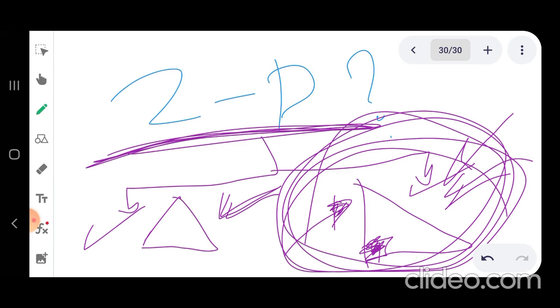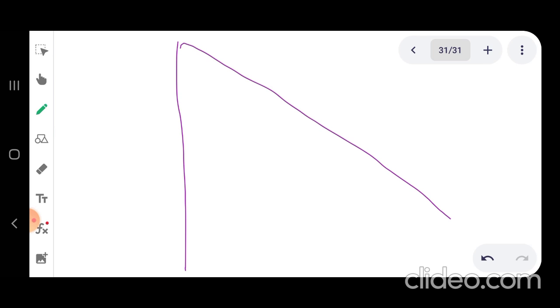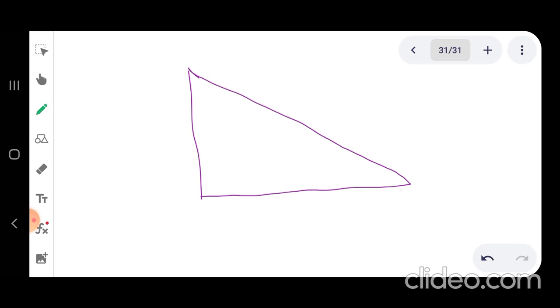So what this diagram is, simply, you draw this 90-degree triangle, and again, same idea.